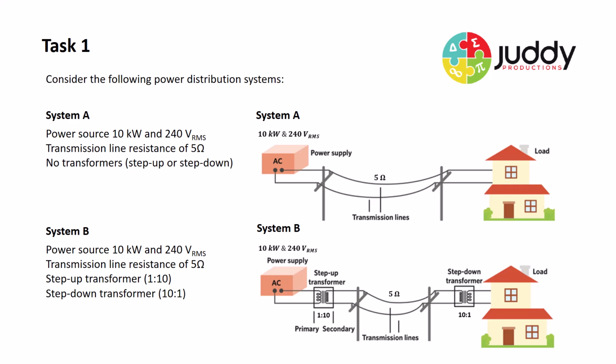However, in this scenario, as you can see, we're using a step-up transformer at the power supply end of the transmission lines with a 1:10 ratio, and a step-down transformer at the load end of the transmission lines with a 10:1 ratio.